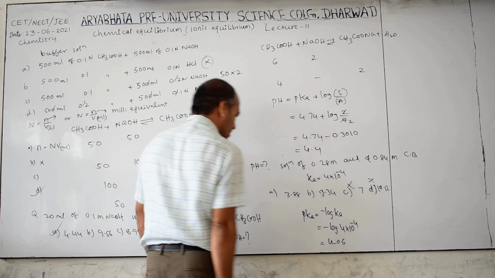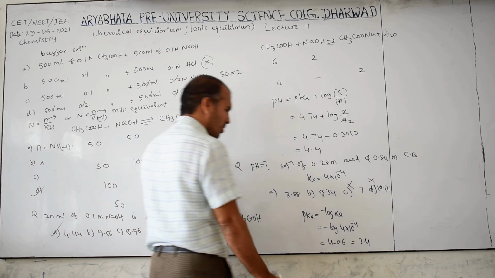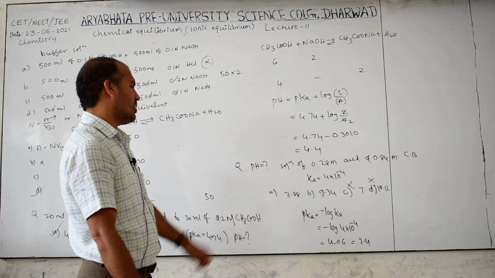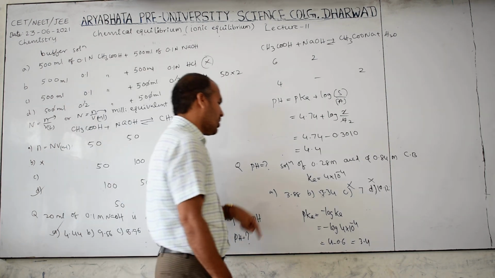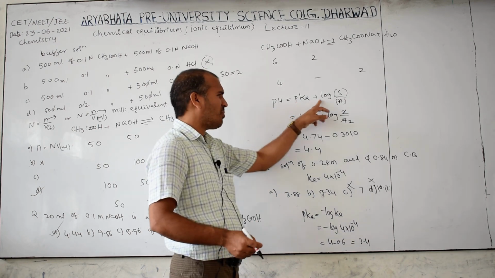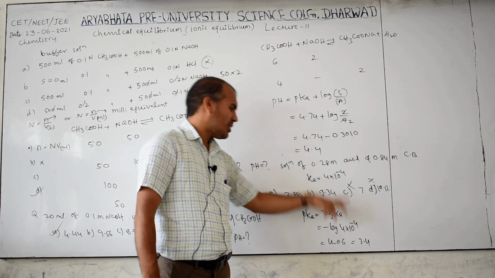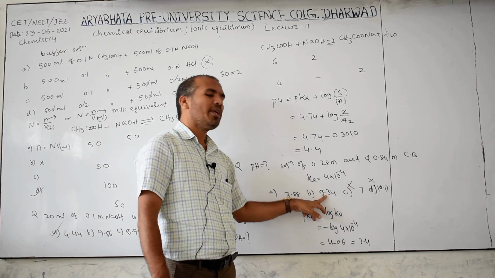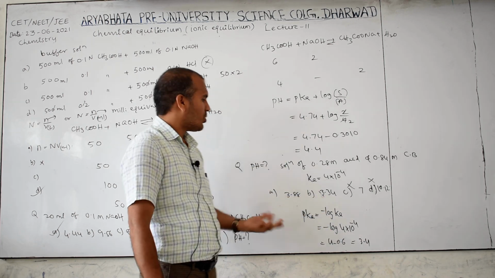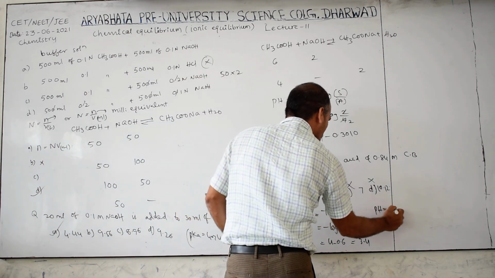Therefore 4 minus 0.6 is 3.4. Correct? Then this is pKa. Now in this formula, pKa plus something is there. Here pKa is 3.4, and the option is 3.34.